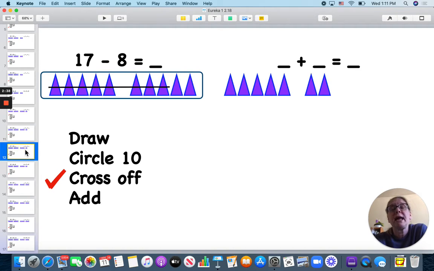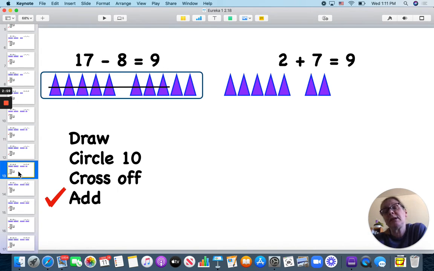Cross off 8 inside the circle. So now we have to add what's in our circle and what's outside of our circle. There are 2 inside our circle and we have 7 outside our circle because we have 5 and 2 more. That's 7. So we have to add 2 and 7. 2 plus 7 equals 9. That means 17 minus 8 equals 9.